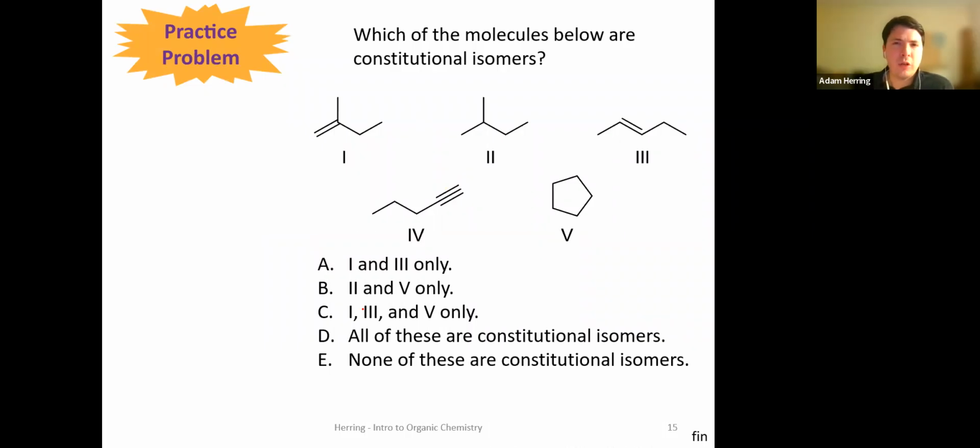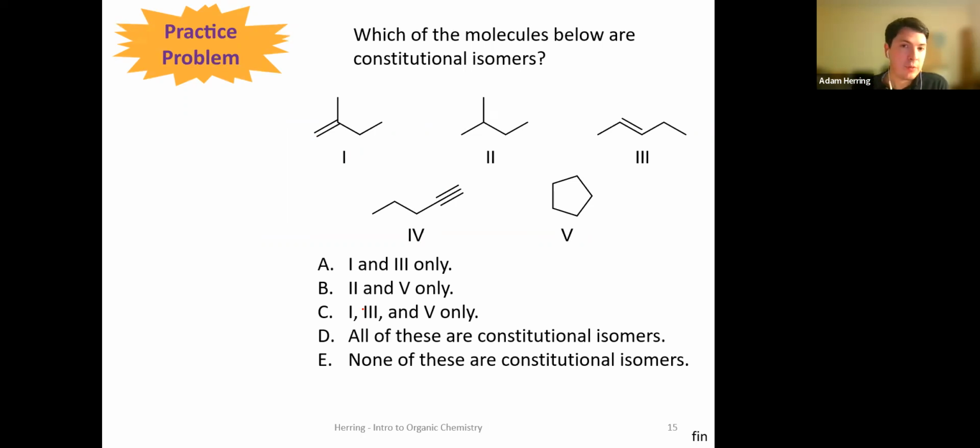Which of the molecules below are constitutional isomers? Pause the video and see if you can solve this one on your own. Okay, so what is a constitutional isomer? A constitutional isomer is a molecule, two molecules or more, that have the same molecular formula but different arrangements of atoms.